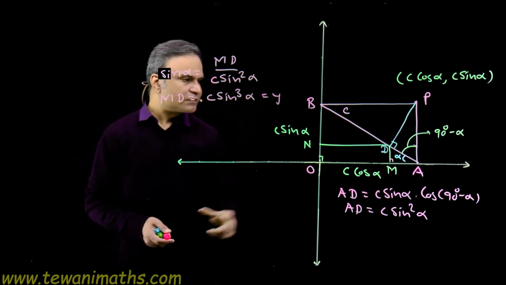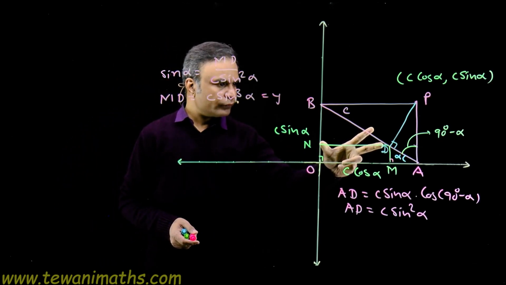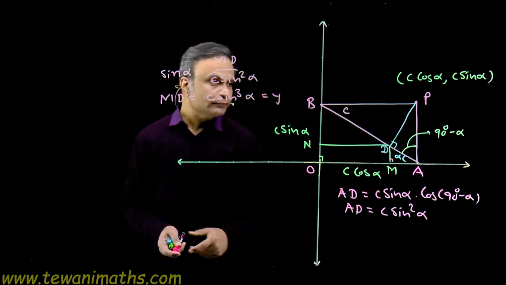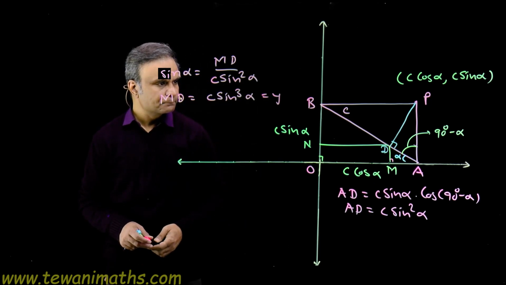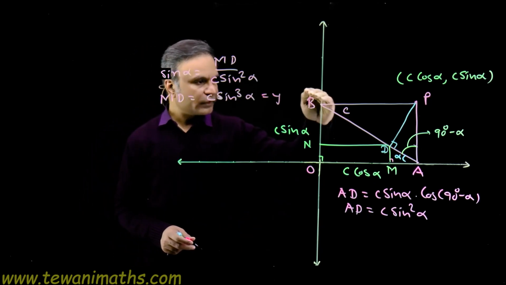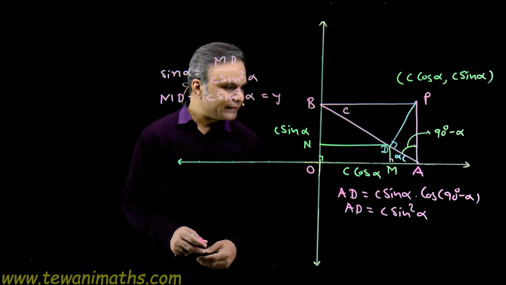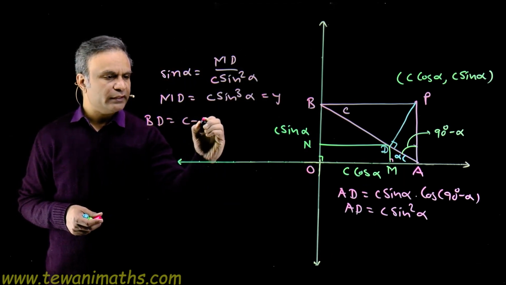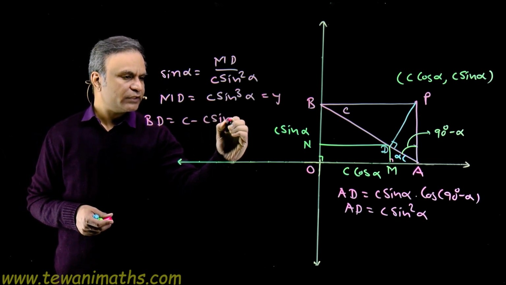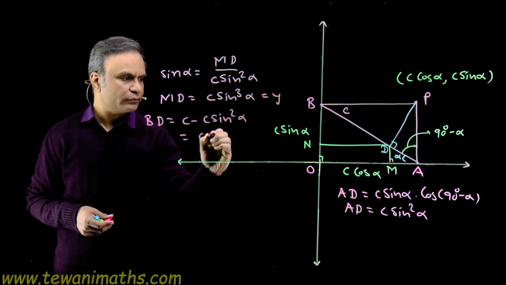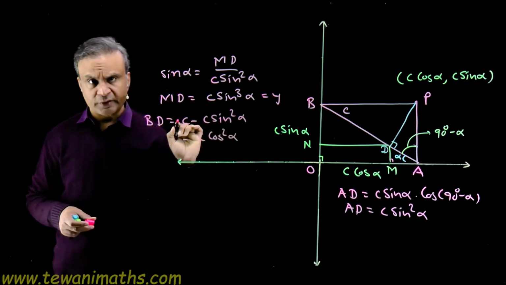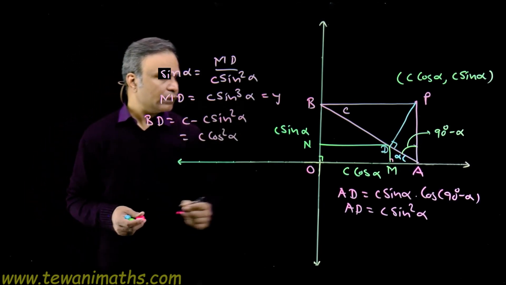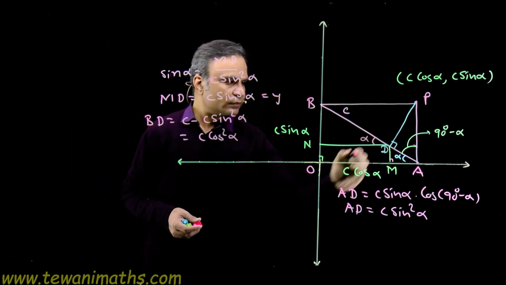Now we have to get the abscissa of point D. For that we try to find length ND. How will we find length ND? Now AB is C units, AD is C sine square alpha units. So BD is equal to C minus C sine square alpha. This is equal to C cos square alpha units. Now this angle is alpha.